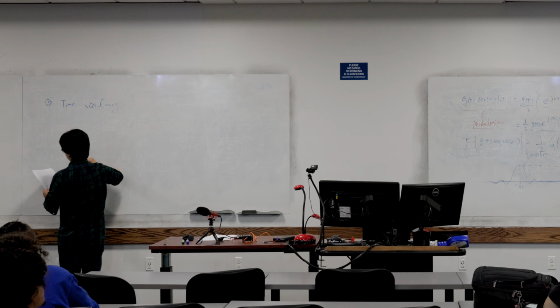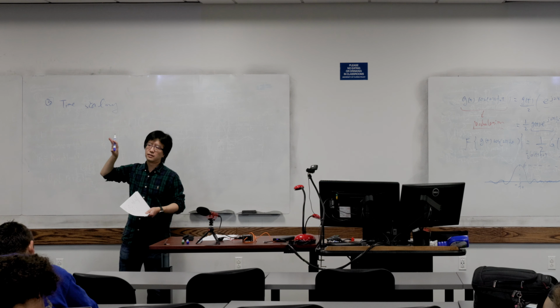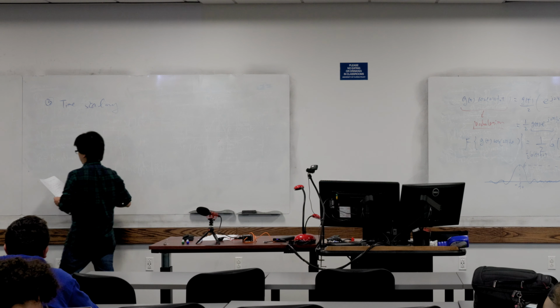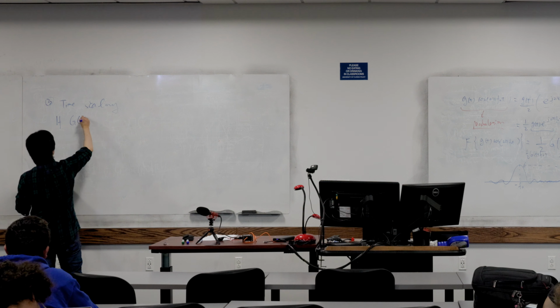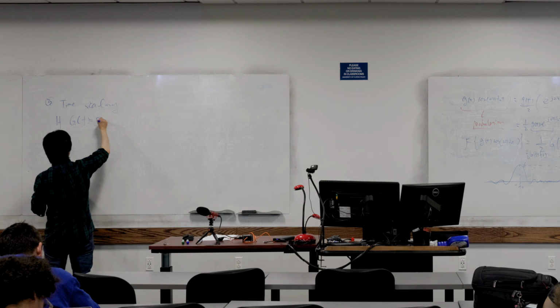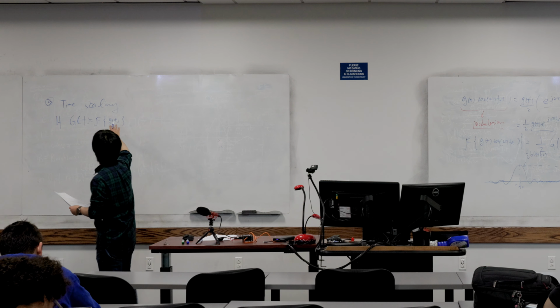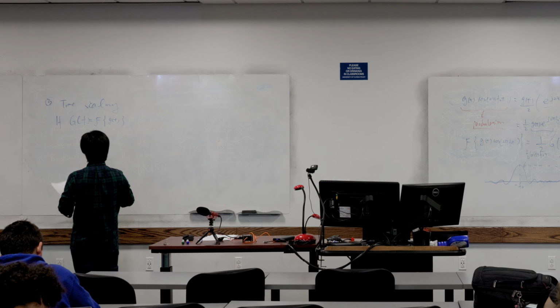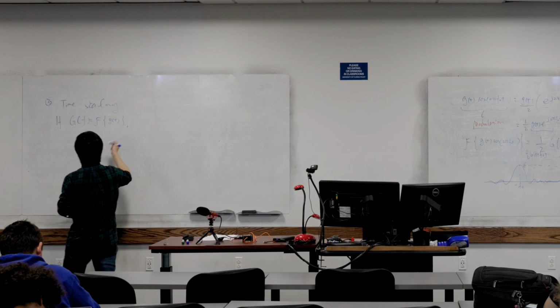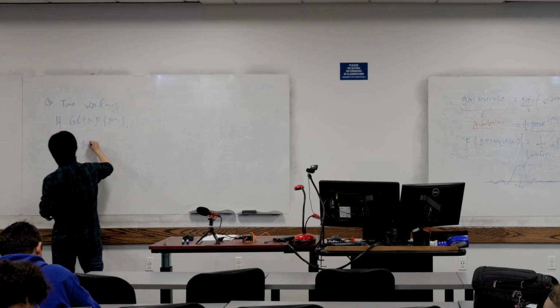Time scaling property. Basically, it means that we scale the time and see what happens in the frequency. Let's say G(f) equals the Fourier transform of g(t). We can imagine g(t) still as a square waveform that we see all the time. Now what we want to see is: what is the Fourier transform of g(at)?